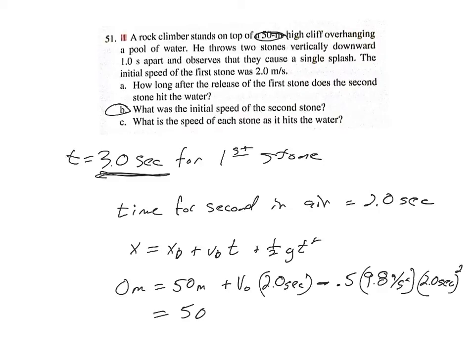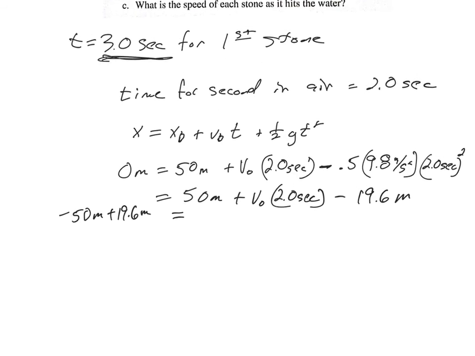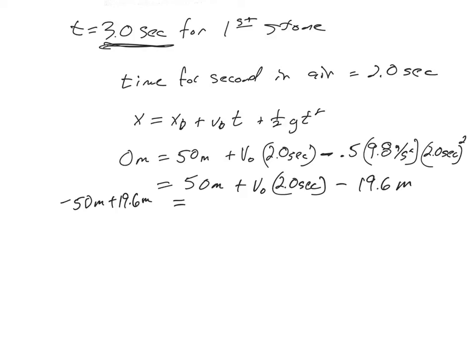So I get 0 equals 50 meters plus v0 t minus 19.6 meters. I'm going to have to subtract 50 from both sides and add 19.6 meters to both sides.